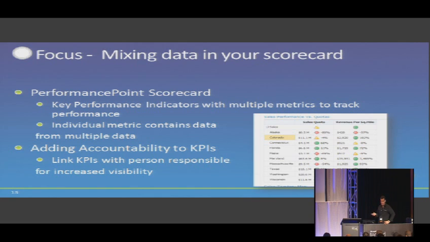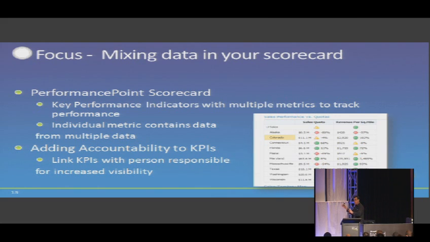So, the mixing data in our scorecard, how do we do that? The data is actually, generally speaking, a mashup. Data warehouses are wonderful things. We spend a lot of time and a lot of money building data warehouses. But we can never get all the data inside an organization. There are people out there who have Excel spreadsheets, Access databases, text files. They get sent information from other people.